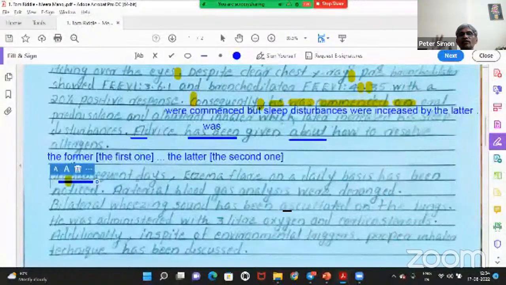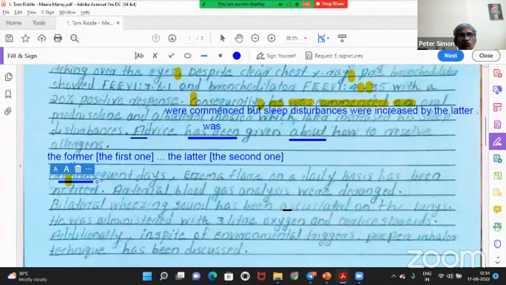Anything related to time is unique. Whenever you have to write a time, you have to use the definite article: the previous years, the later years, the former years, the latter years, the next day, the previous day, the current day, the present day, the recent times. The is compulsory with time.